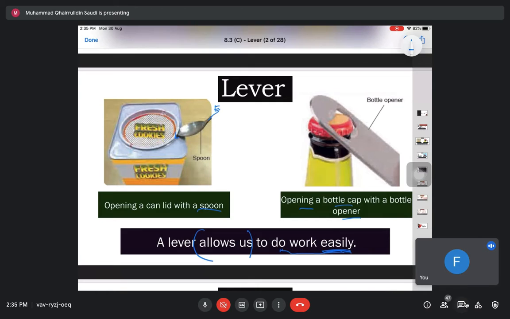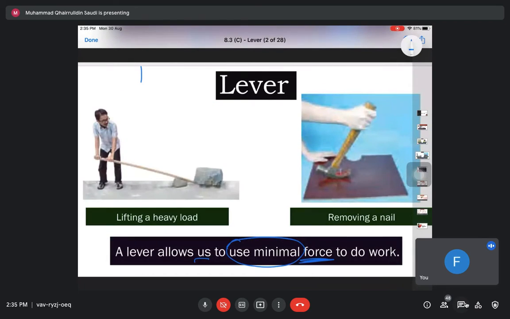A lever also allows us to use minimal force to do work. Let's say you want to remove a nail without a hammer. Takkan awak nak tarik je menggunakan tangan. If you just pull a nail with your hands, you will use a lot of energy and force because it is very hard.